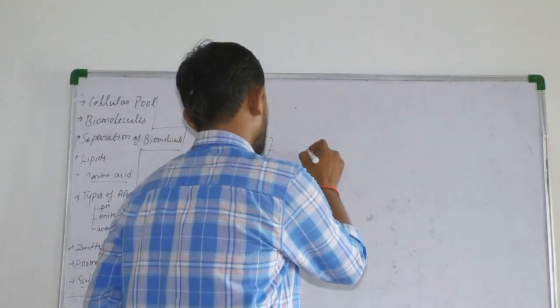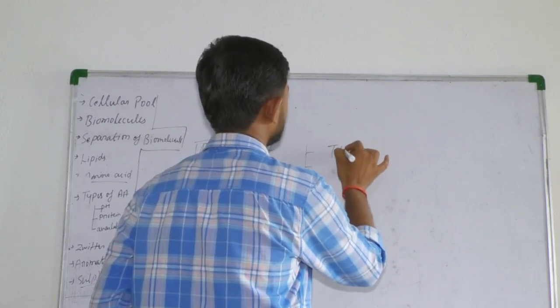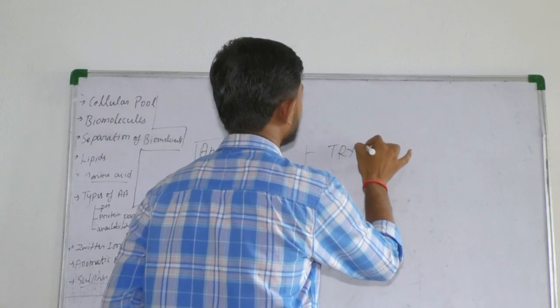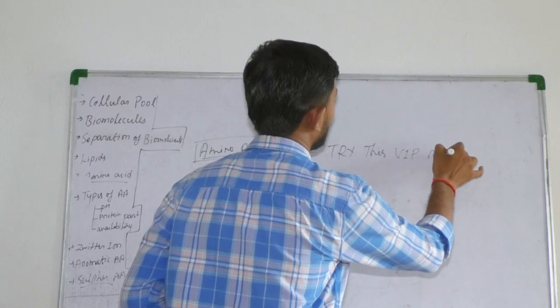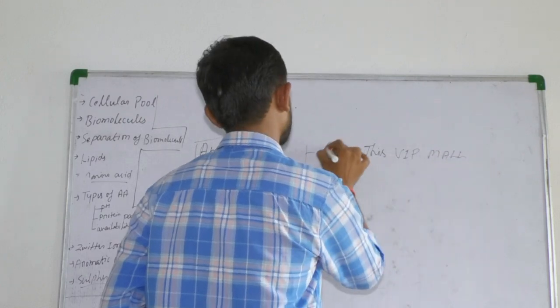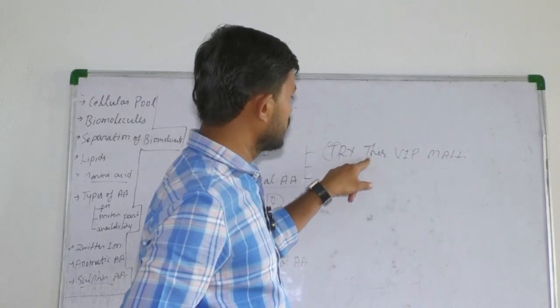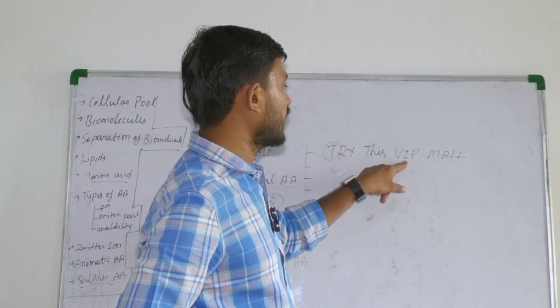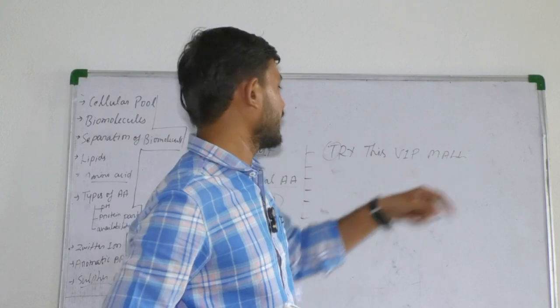We can learn these amino acids by a mnemonic, that is TRY VIP MOL. Try means tryptophan, histidine, valine, isoleucine, proline, methionine, arginine, leucine and lysine.